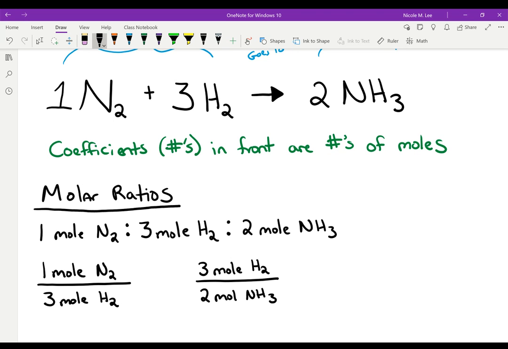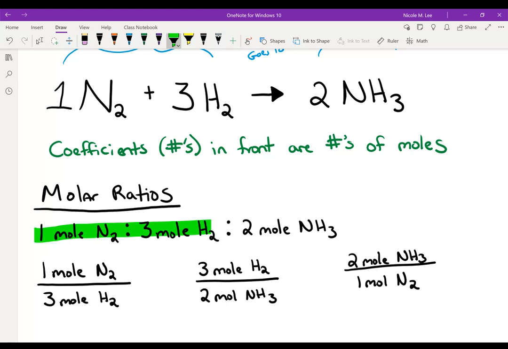And as is typical with any conversion factor, you can flip-flop these as well. You could say, for every 2 moles of NH3 that are produced, I would need 1 mole of N2. Okay, so these are just some examples, all right? This is our molar ratios. And then I'm writing them as conversion factors down here, or fractions. These are our conversion factors, okay?